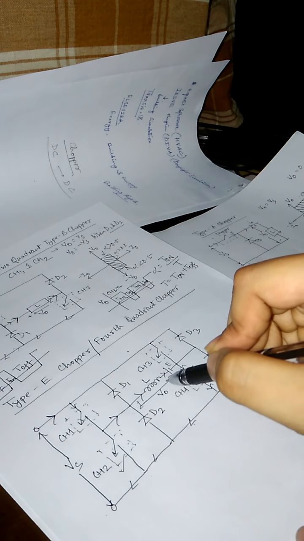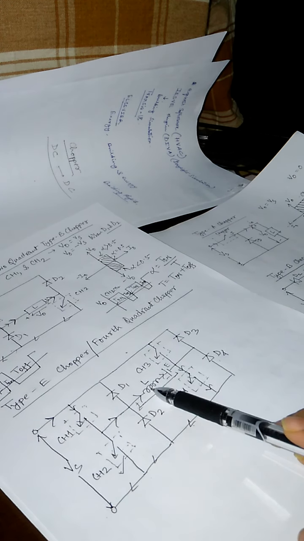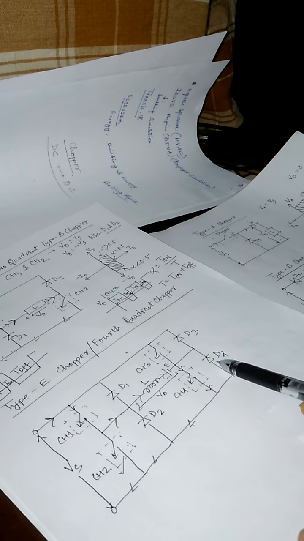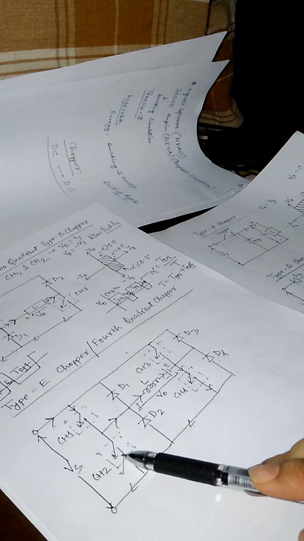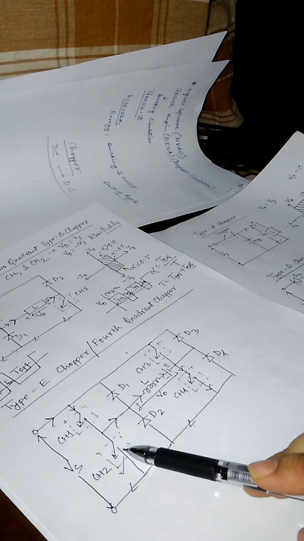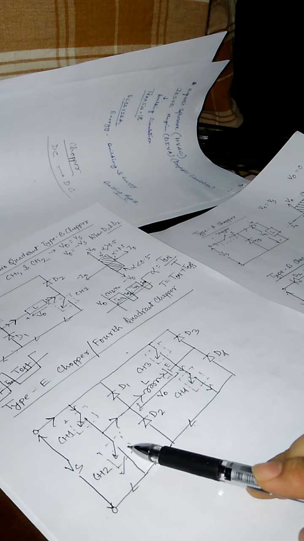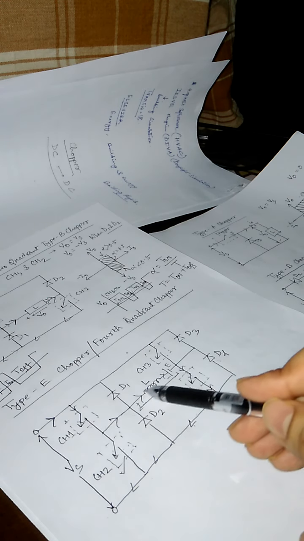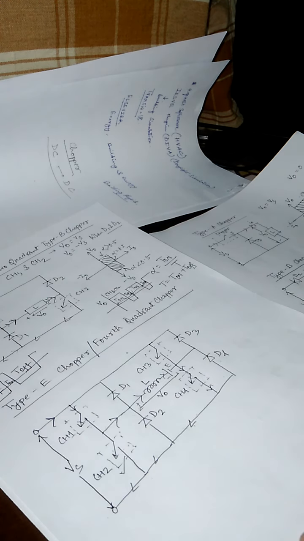So what will be the direction of that? This is the L, this is the voltage source E, this is diode D4 and this is CH2. Now this CH2 is in operating condition and the current is going to flow through L, E, CH2 and D4, that is in the negative direction.